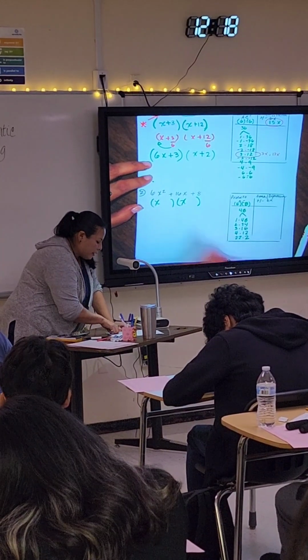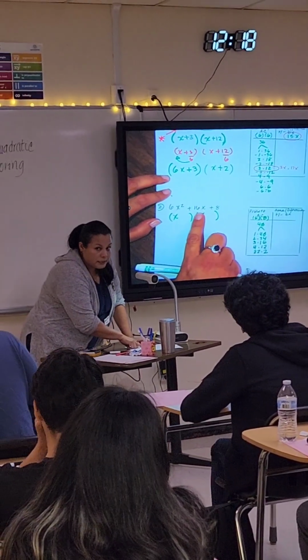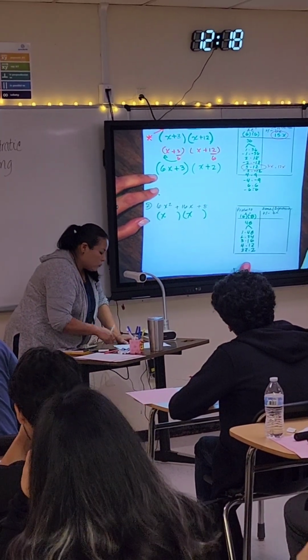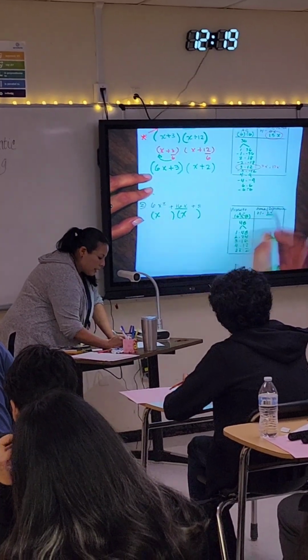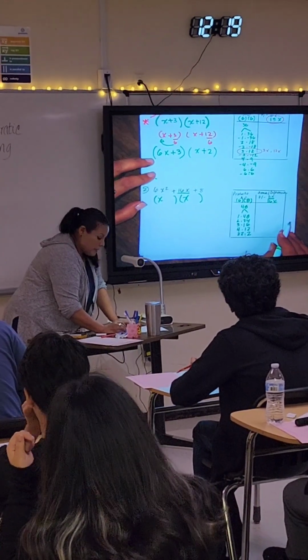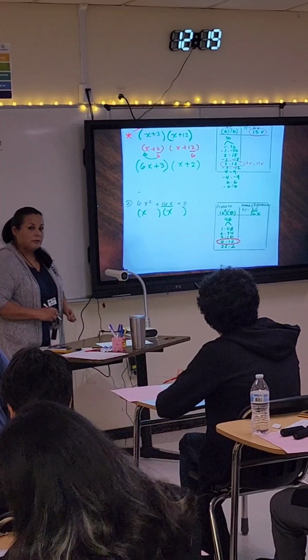I need a positive 16, so I know I'm only going to need the positive numbers, okay? Which one is going to build me the bx on this one is the 16. I need to build a 16x. So which one is going to give me a 16? The 4 with the 12.